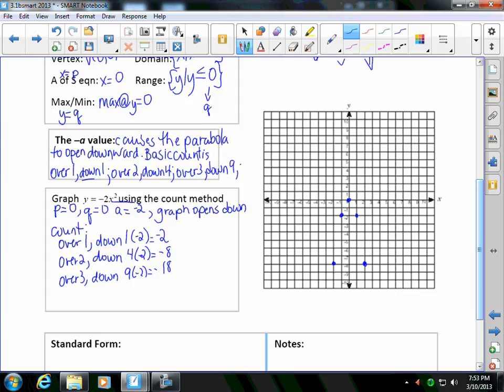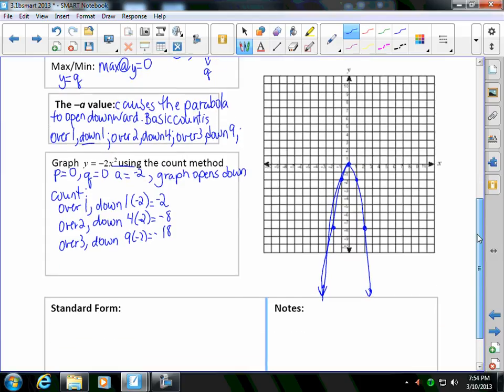And then if we did the 3, we'd go over 3, down 18, which would be somewhere way down here and way down there. So you connect your dots. That's what our general graph would look like.